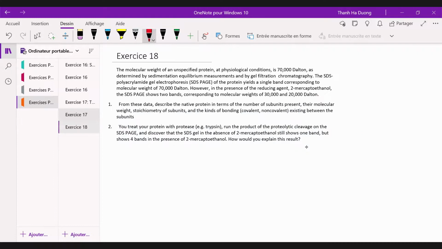And finally, last exercise. So you have a protein. Its mass is 70 kilodalton, and the SDS-PAGE of this protein shows a single band corresponding to this mass.